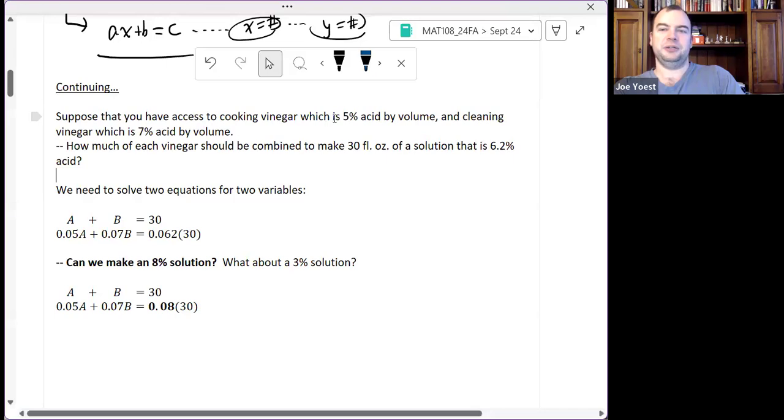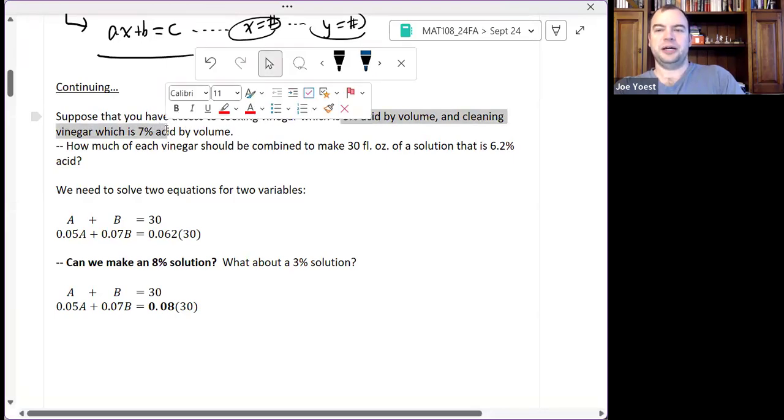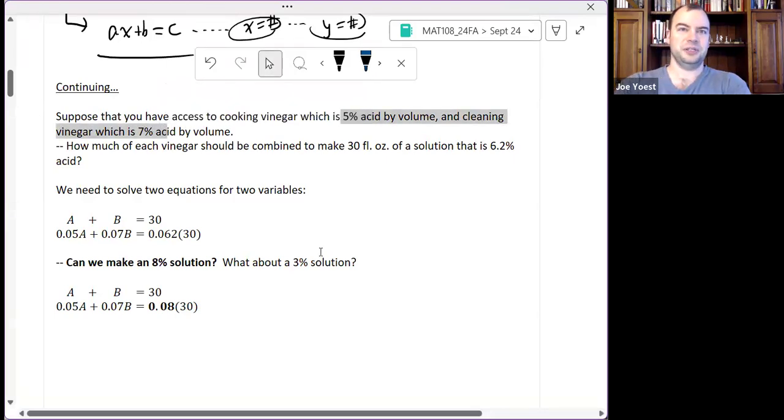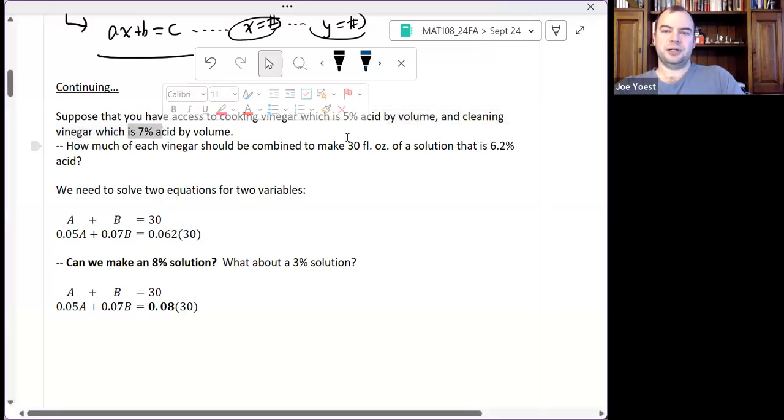As a side note, you might look at this and ask, why is cleaning vinegar only, quote, 2% stronger than cooking vinegar? Note that it's actually quite a bit stronger. It's 2 percentage points stronger, but on a scale of 5 percentage points. So the cleaning vinegar is actually like 40% more acidic than the cooking vinegar.